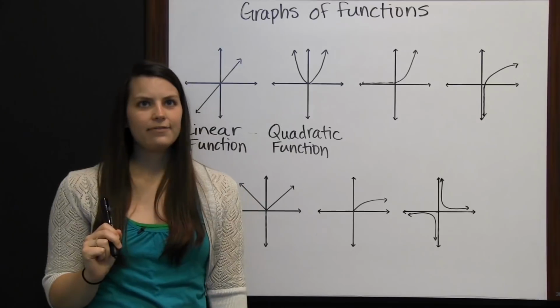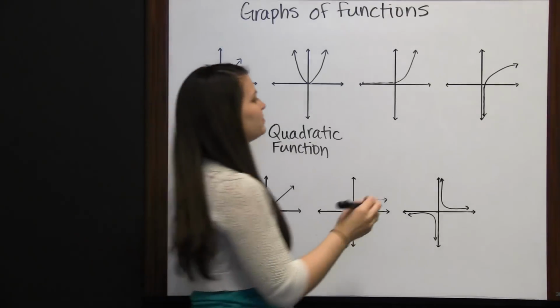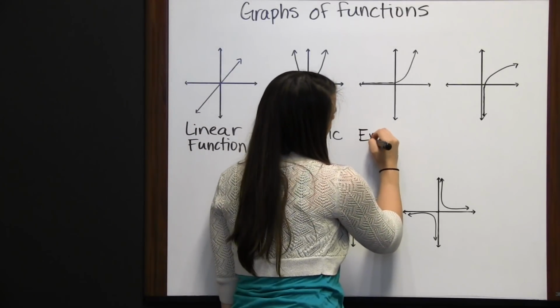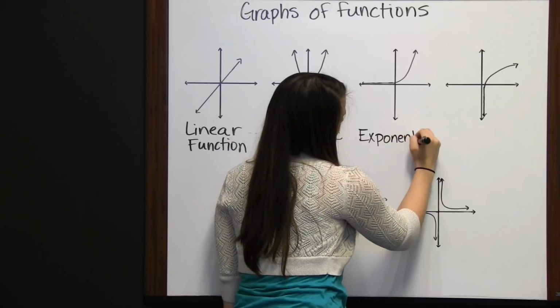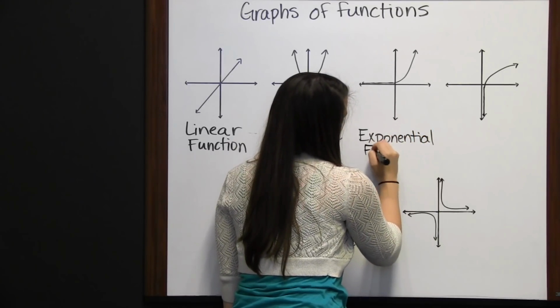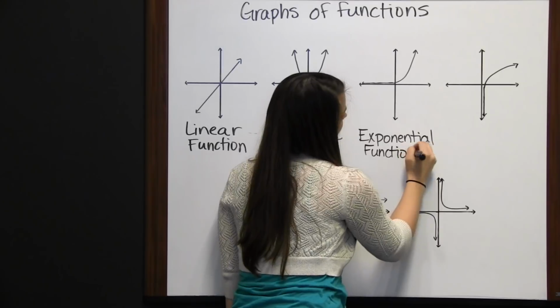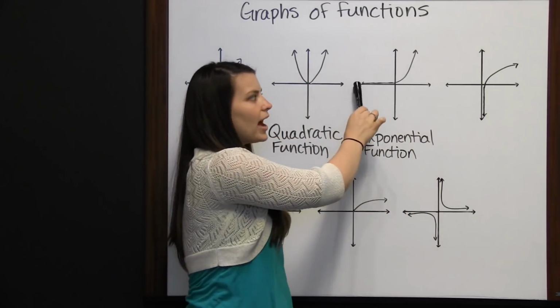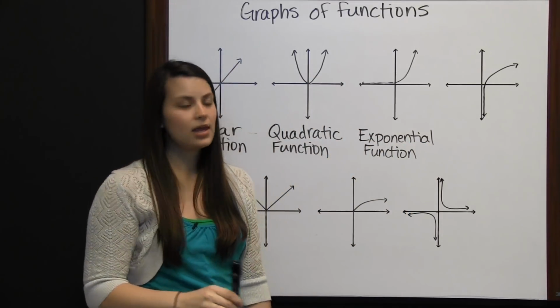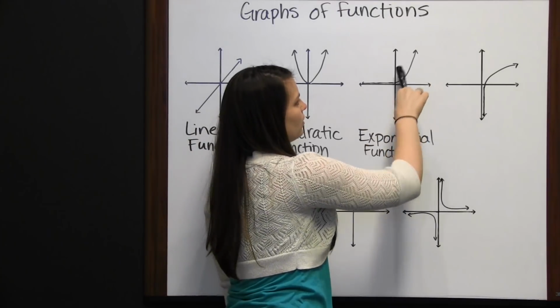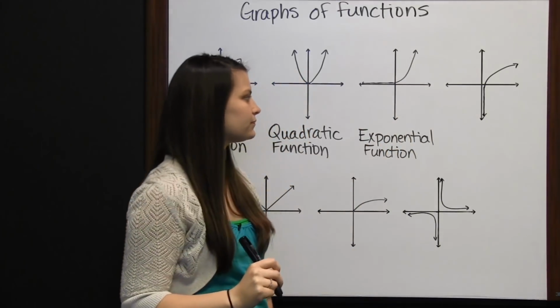The third graph is an exponential function. Exponential functions start out increasing very slowly and then start increasing more and more rapidly.